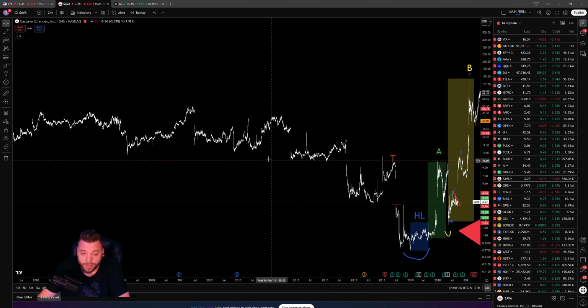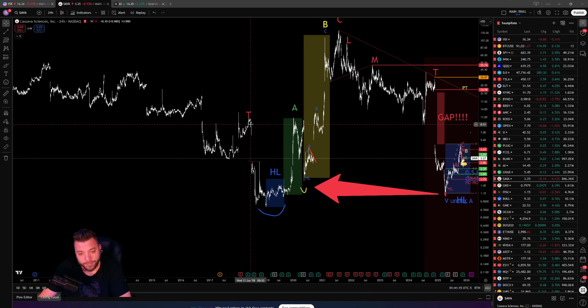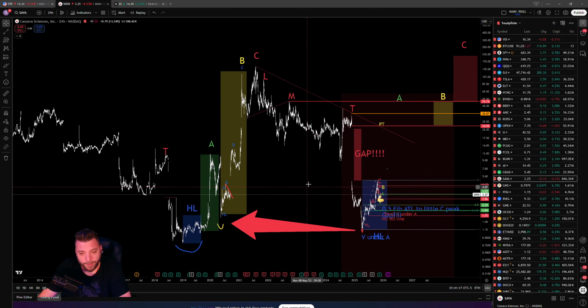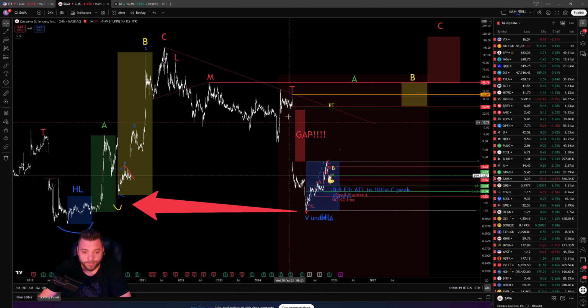The interesting thing is, on Fridays and Mondays, you always had these gap fills. Every time. Here. And what we have now is a massive gap down. And we are tracking that we want to fill this gap from $5 to $25.